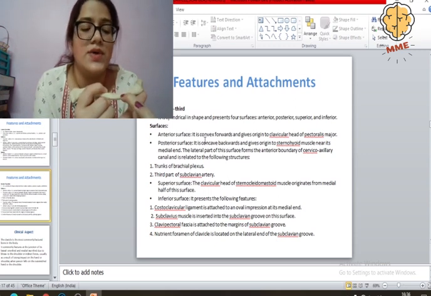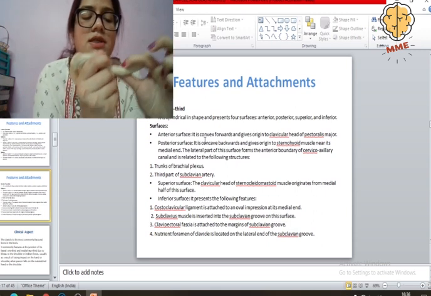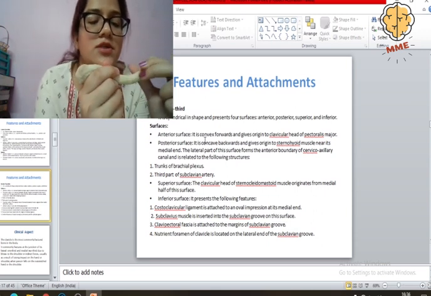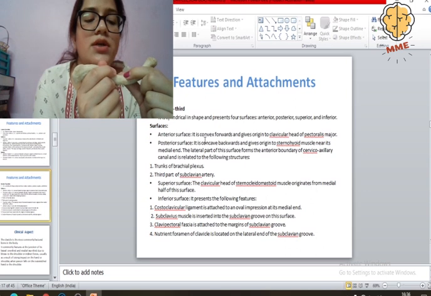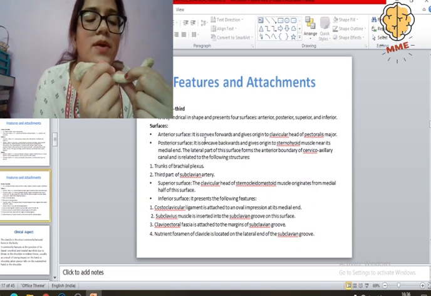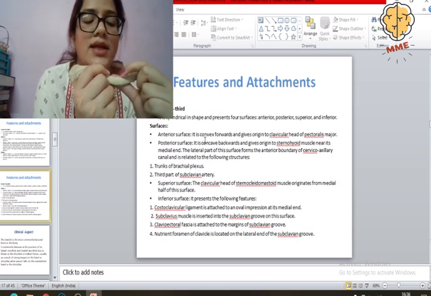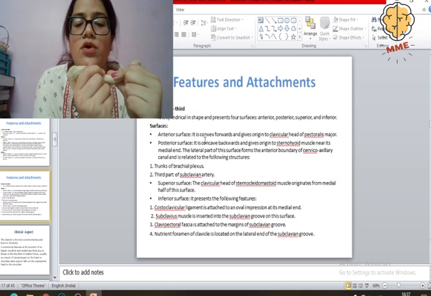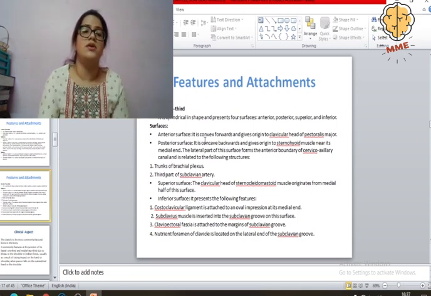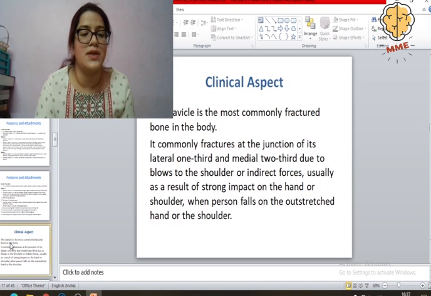Nutrient foramen, as you can see, just lateral to this. I don't know how clearly it is visible, but over here, just lateral to the subclavius groove, we'll find there's a hole, and this hole is the nutrient foramen of the clavicle, which is located at the lateral end of the subclavian groove.